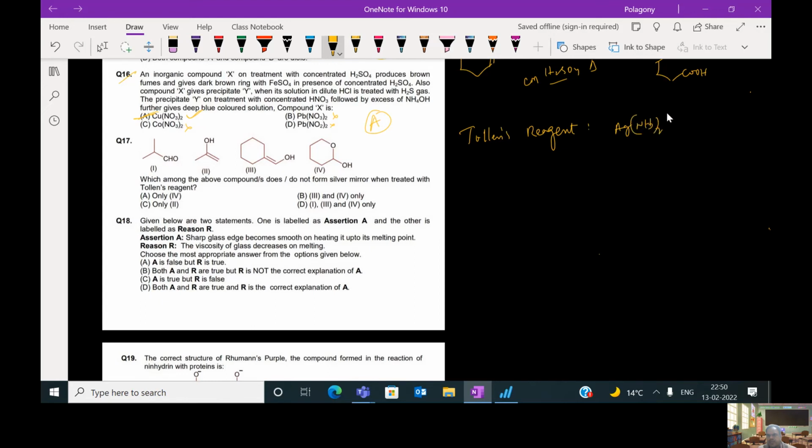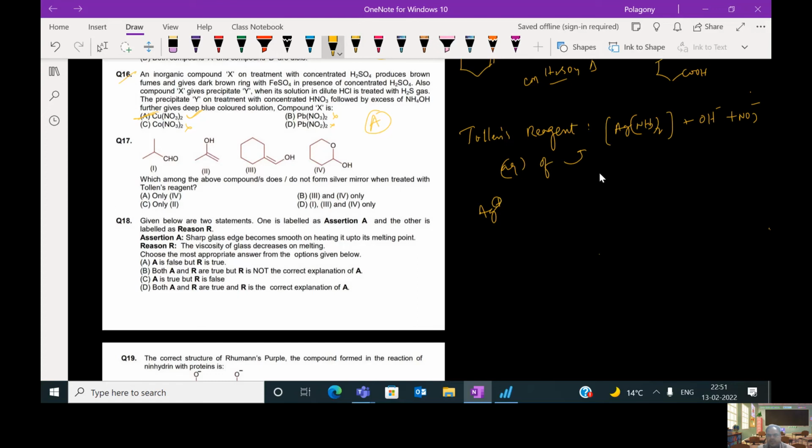Tollens reagent is ammoniacal silver nitrate solution, [Ag(NH3)2]+ with hydroxide, an aqueous solution containing Ag+ ions.